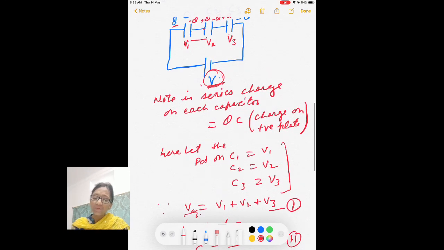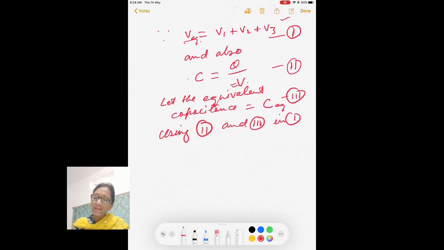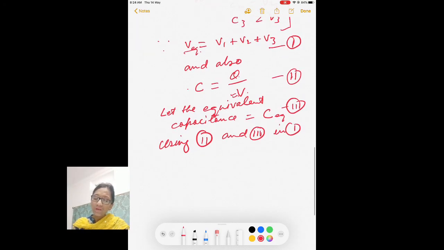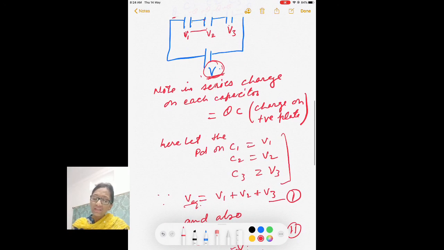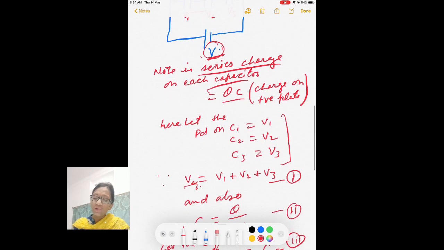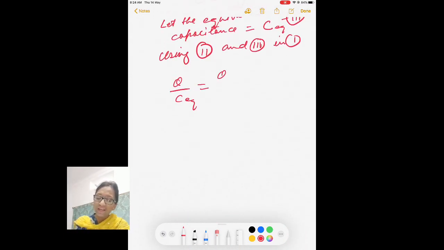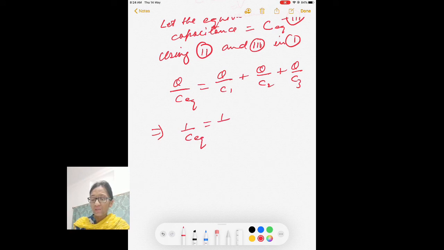And the charges are the same, you can see, charge in series is the same, it is only Q coulomb. So we will be writing Q upon C equivalent is equal to Q upon C1 plus Q upon C2 plus Q upon C3, and it implies that 1 upon C equivalent is equal to 1 upon C1 plus 1 upon C2 plus 1 upon C3.